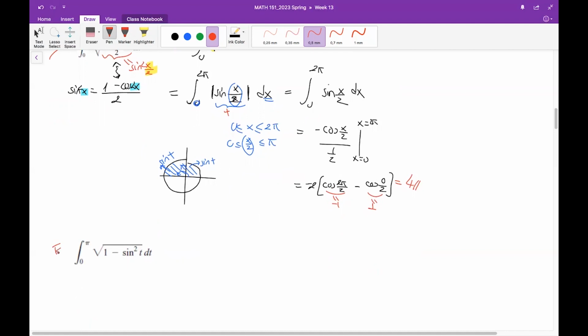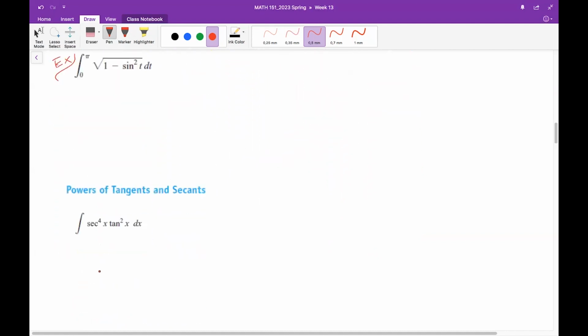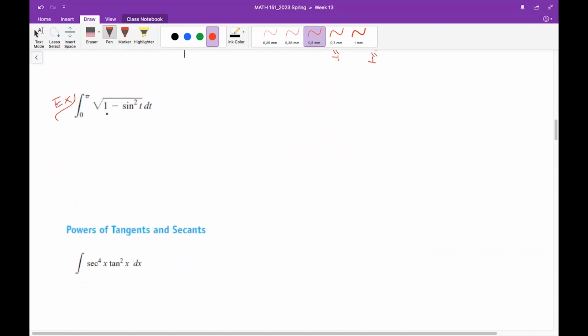Any questions? Okay, then let's do this similar question. 1 over sine squared theta can be written as cosine squared theta directly. So this integral is in fact the square root of cosine squared t dt.